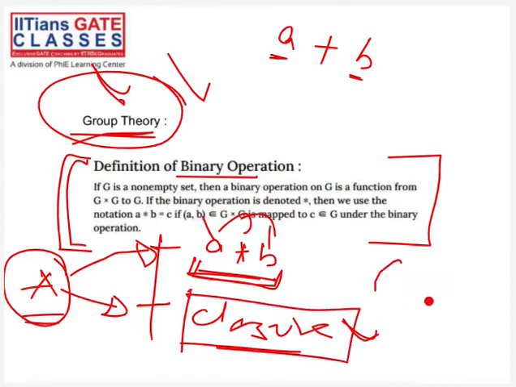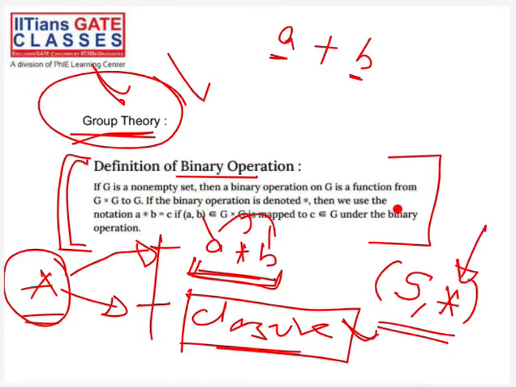Let's assume S is a given base set and star is an operation. We will call star a binary operation if the base set is closed under this star operation. This is the definition of binary operation.